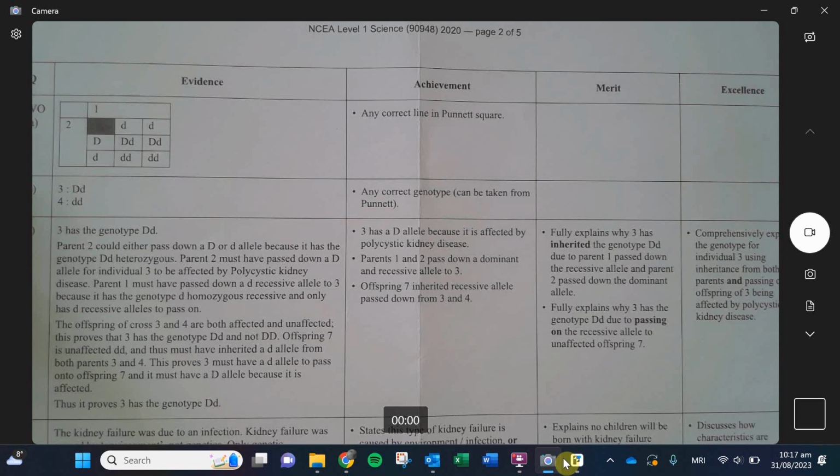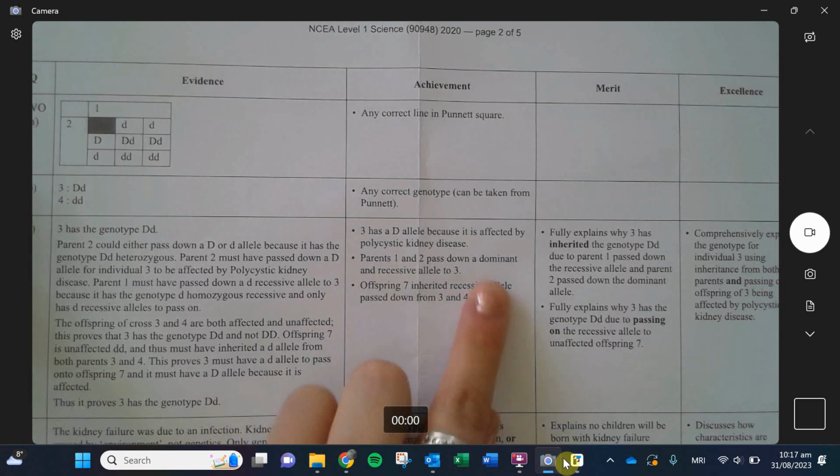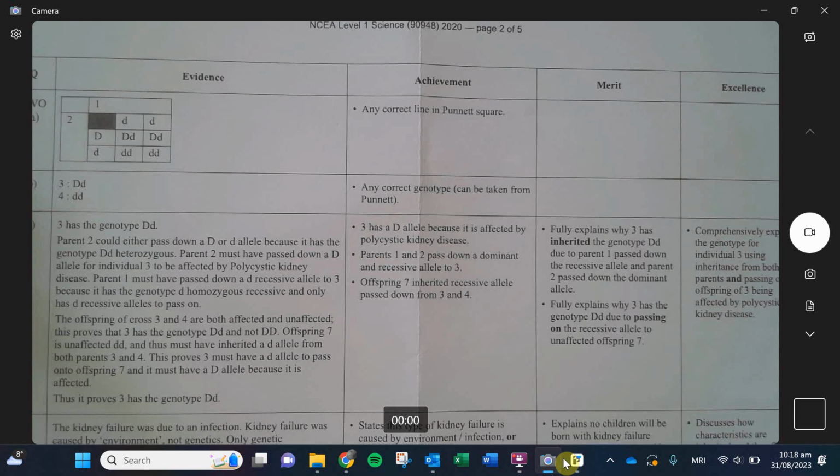We know person number 3 is affected. The other one that you could have stated is parents number 2 and 3 pass down a dominant and a recessive allele to person number 3. All right. Last one for the achieved is recognizing that the individual number 7 inherited recessive alleles from both parents.